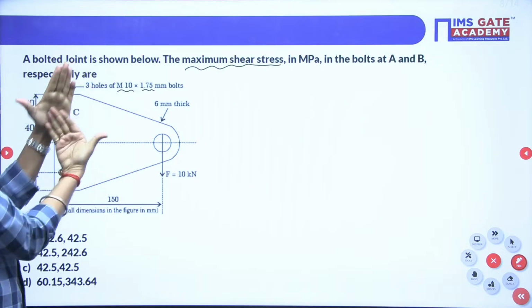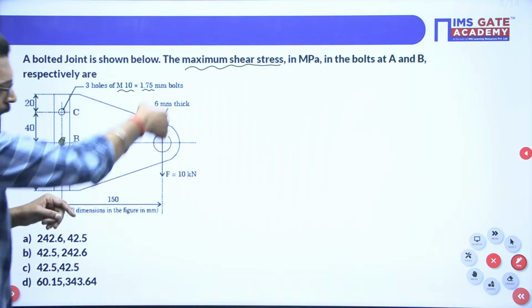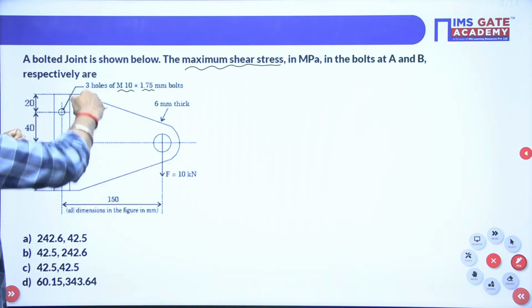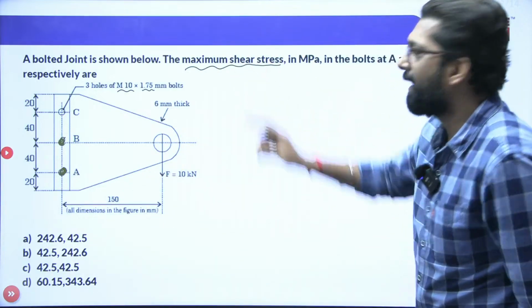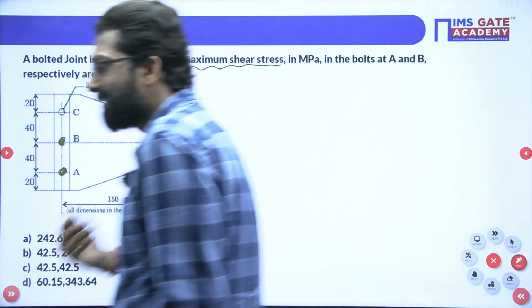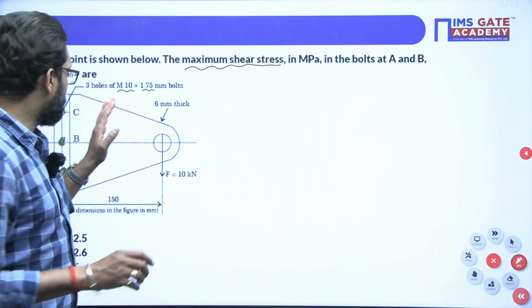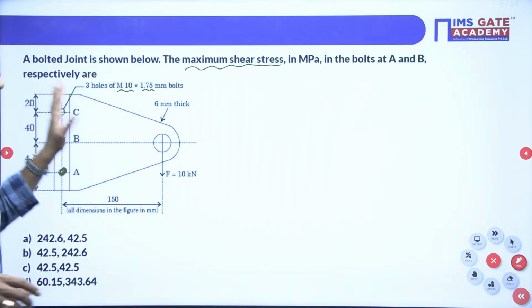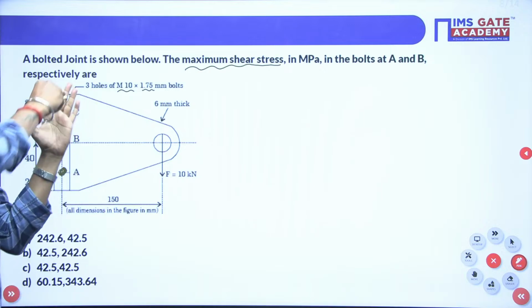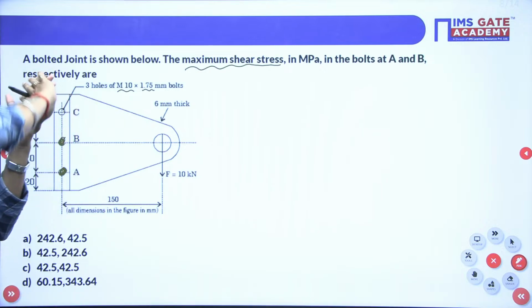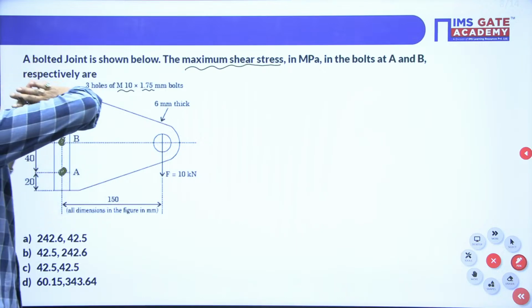If you apply the load, it will try to twist the bolt. So due to twisting, there must be a shear stress. That means torsional shear stress will be produced, because it is in plane. This is your bolt, this is your base plate, and this is the plate shown here.